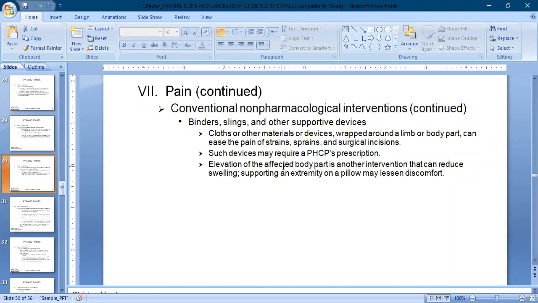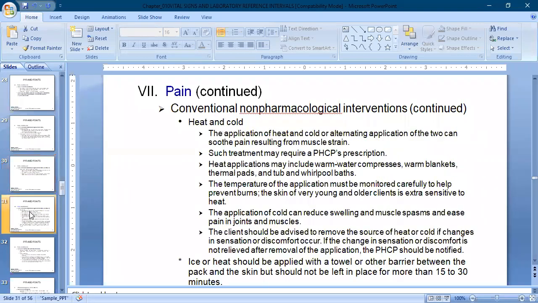Elevation of the affected body part is another intervention that can reduce swelling. Supporting the extremity with a pillow may help the patient reduce discomfort or feel good.